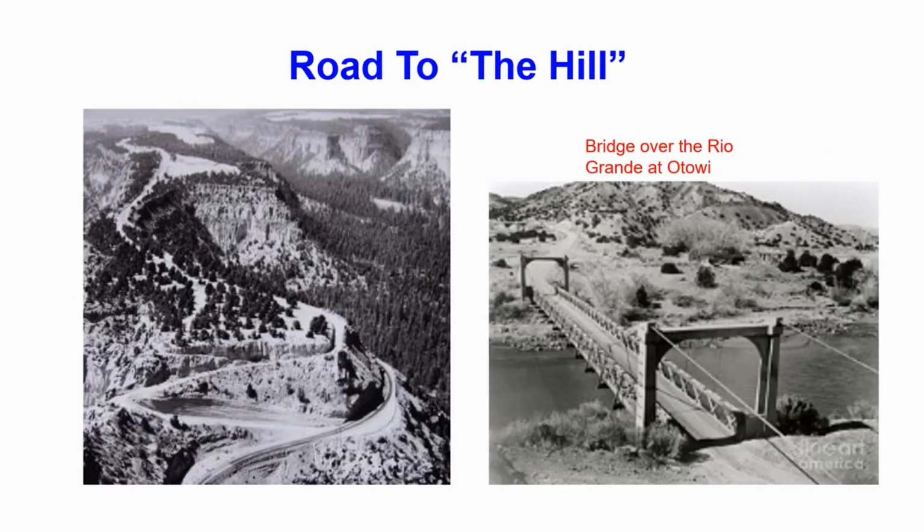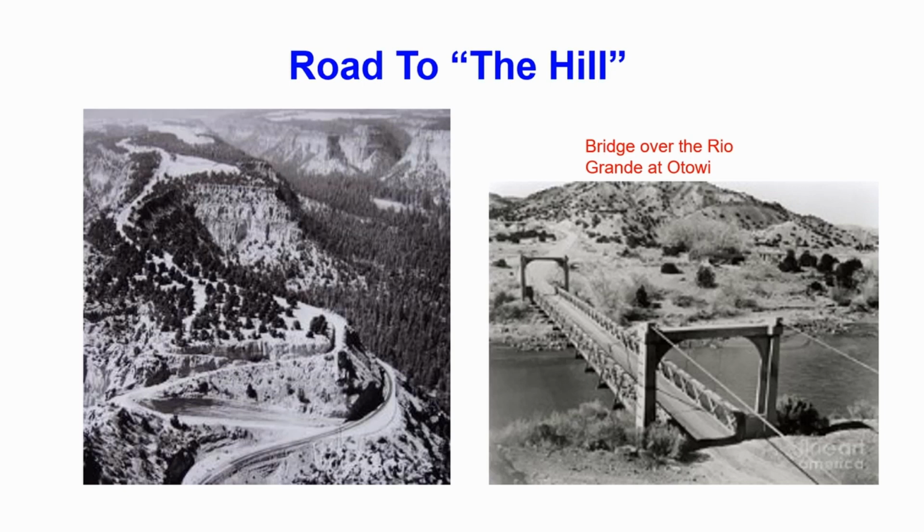Now, the road to the Hill was rather interesting. There you can see, first of all, you have to cross the Rio Grande, and there's at what is called Otowi, and there's a bridge at Otowi. The bridge still exists. When we were there a couple of years ago, it's still there.